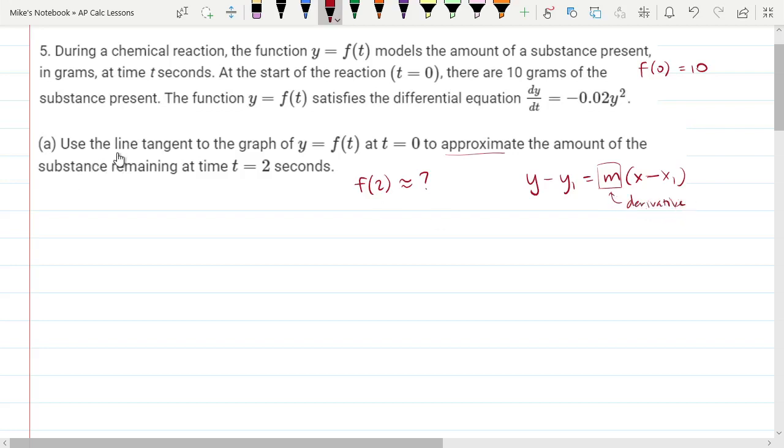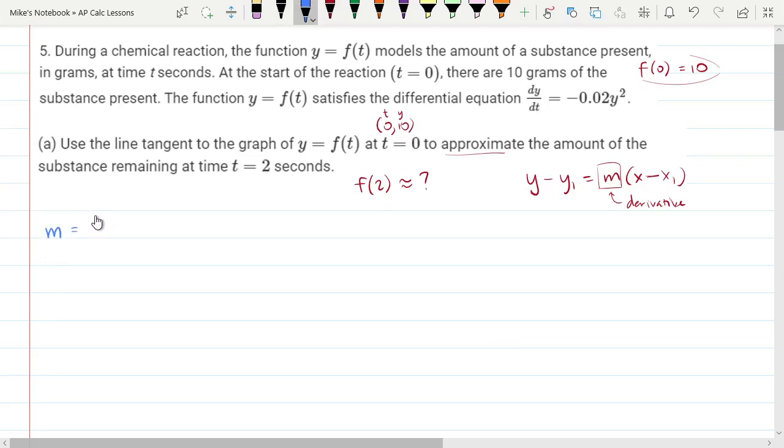Okay, so they're asking us to use the tangent line at this point 0, 10. Remember, that was the point they actually gave us. So we actually know that this is at 0, 10. 0 is the t, 10 is the y. So if I'm trying to write the equation of the tangent line, I need to know the slope.